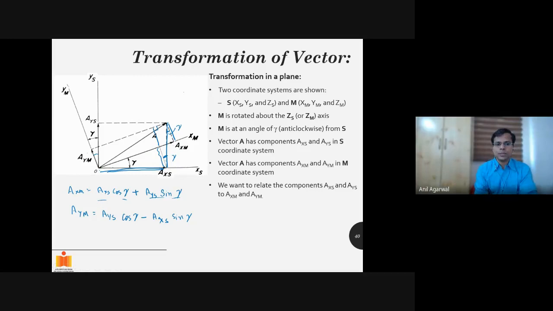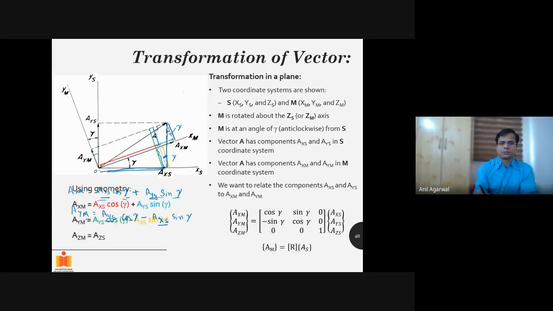Agreed? So now, with the knowledge of AXS, AYS, and the gamma value, I have been able to calculate the values of AXM and AYM.